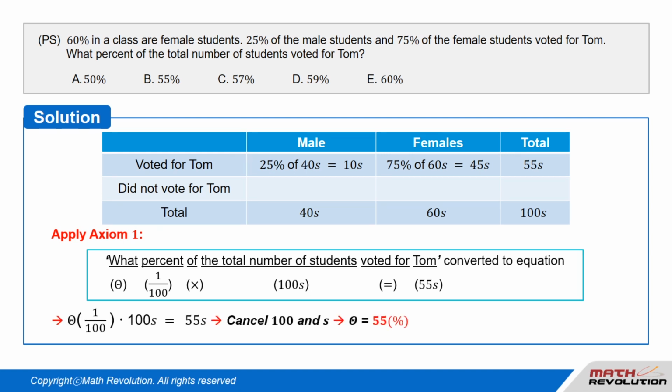Theta times 1 over 100 times 100S equals 55S. And we cancel out 100 on the left side and S on both sides. Then we get theta equals 55%, which means that 55% of the total number of students voted for Tom. So, B is the correct answer.